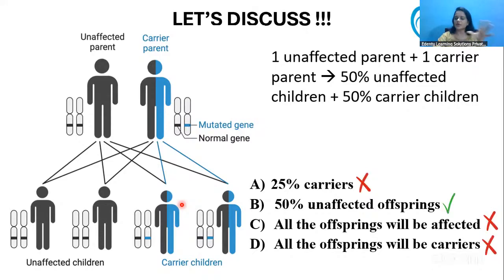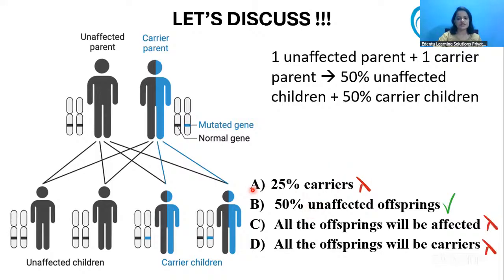Usually 50% unaffected children and 50% carrier children can be there. Okay, none of them will be completely affected. Only carriers and unaffected children will be there. Okay, the ones showing the typical signs and symptoms of a disease will not be there. Affected children will not be there.